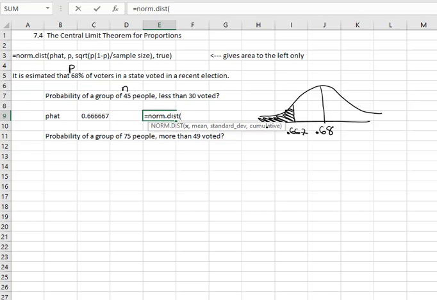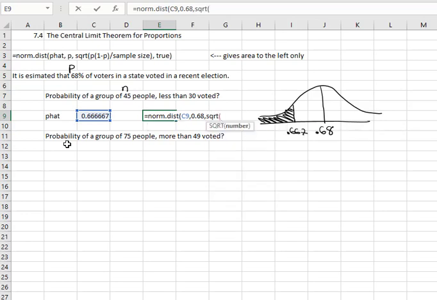Our x value is going to be the p hat from our sample. To make sure it's exact, I'm just going to click the value so that it gets stuck in my formula. Comma. In place of the mean, we're going to use the proportion of the population, p, which is 0.68, comma. The standard deviation is going to be that big square root formula to calculate the standard error used for proportions.